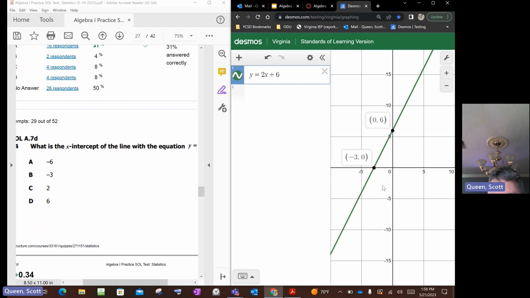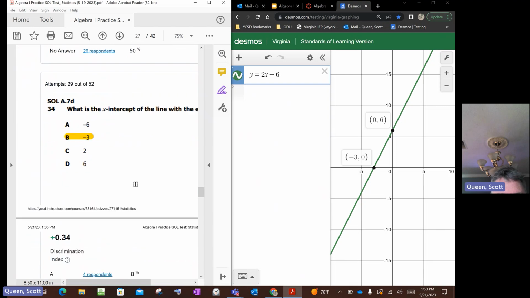Here's the x-intercept. Let's see if those answers are here. There's 6, and there's -3. You need to know which one's the x. It's very obviously this one. So that should be the correct answer. A lot of people are going to say 6. Don't make that mistake. All right, moving on.